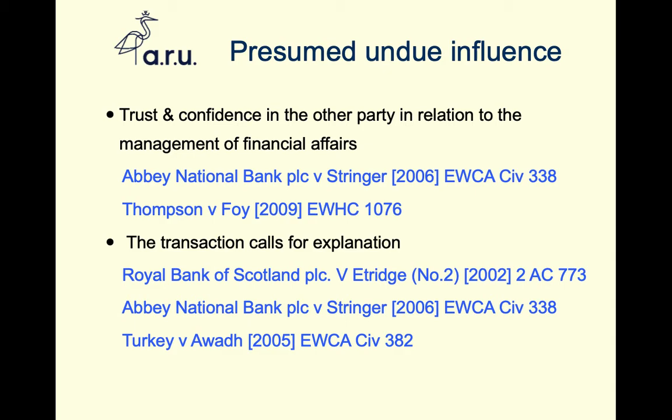So you're looking at two situations within an undue influence case. You're looking at whether there's been trust and confidence placed in one party as regards the financial affairs, and then that the transaction that they've signed, the agreement that's been signed, goes beyond the pale of just doing something nice for your partner or for your child.